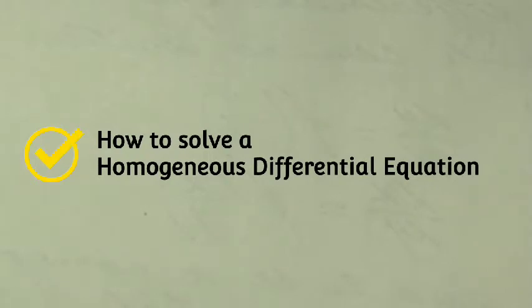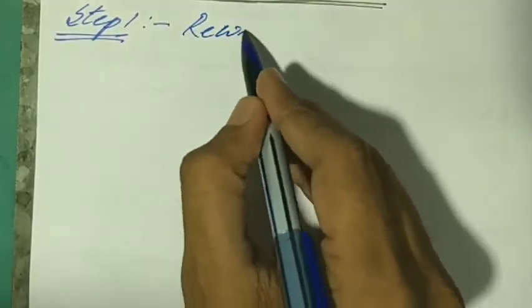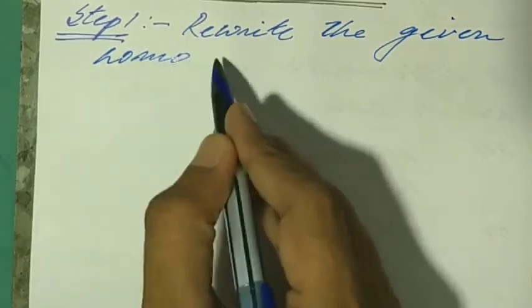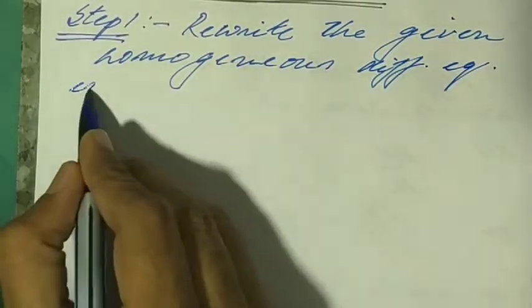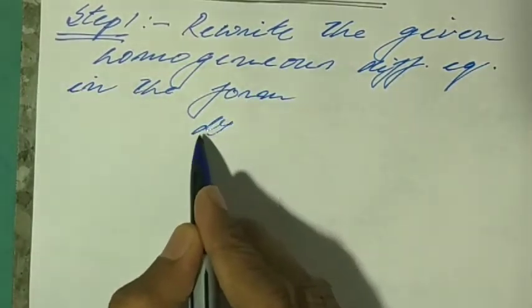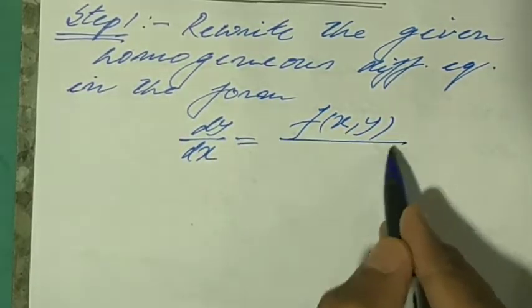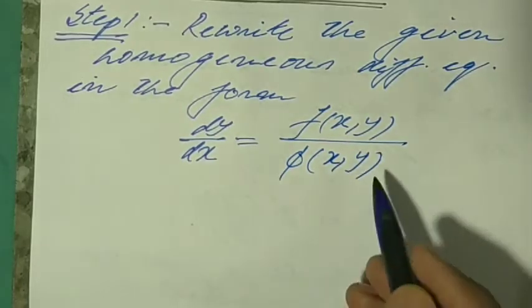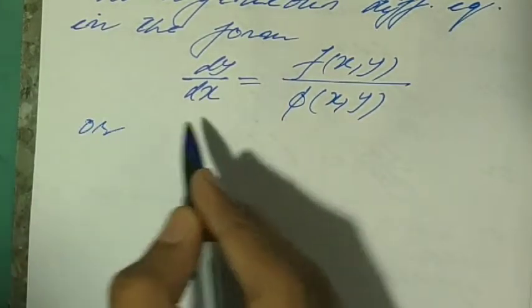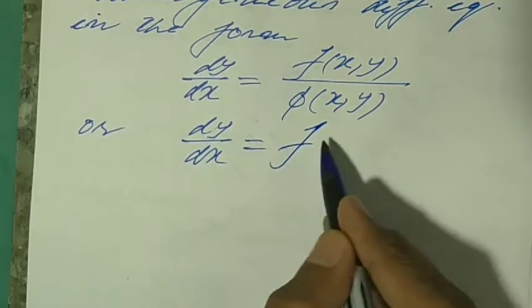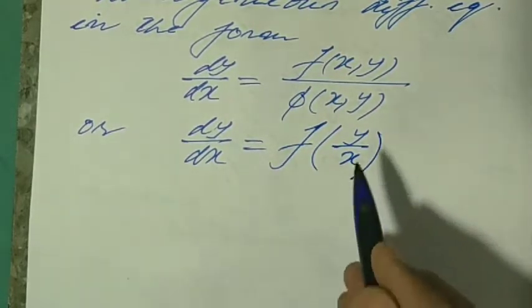Now we will discuss how to solve a homogeneous differential equation. So step 1: first of all, we rewrite the given homogeneous differential equation in the form dy/dx = f(x,y)/phi(x,y), or dy/dx = f(y/x).